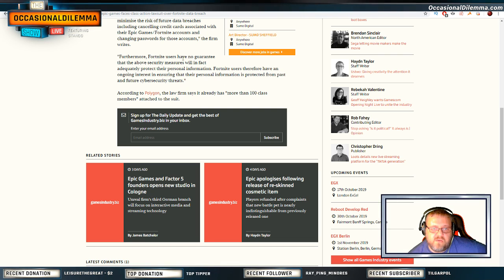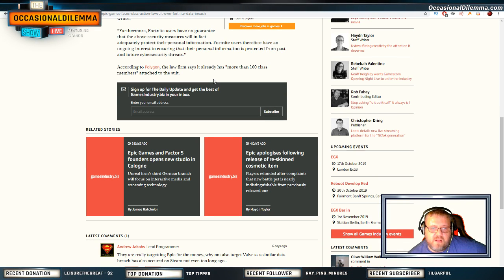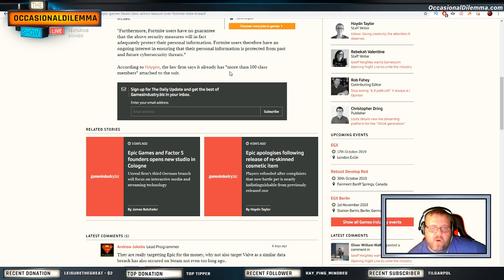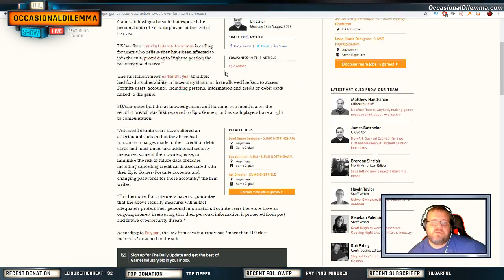Furthermore, Fortnite users have no guarantee that the above security measures will in fact adequately protect their personal information. Fortnite users therefore have an ongoing interest in ensuring that their personal information is protected from past and future cybersecurity threats. According to Polygon, the law firm says it already has more than 100 class members attached to the suit.